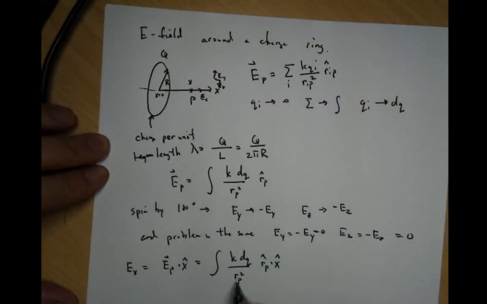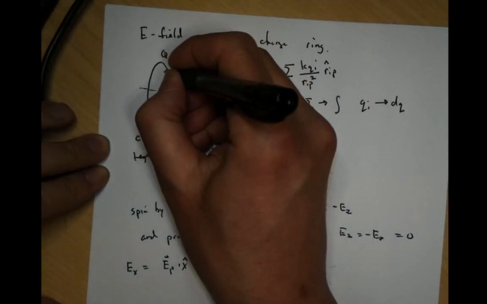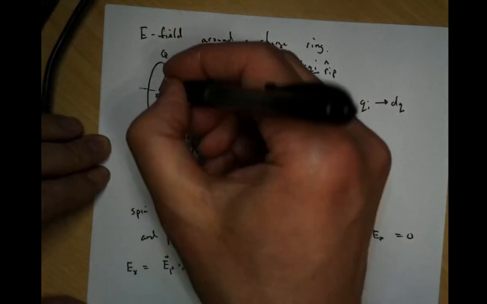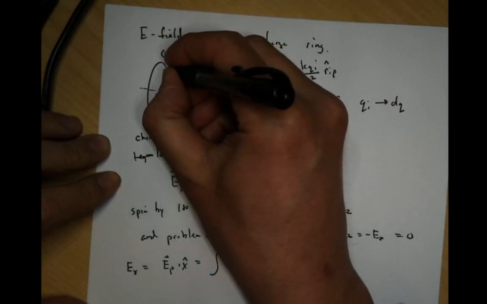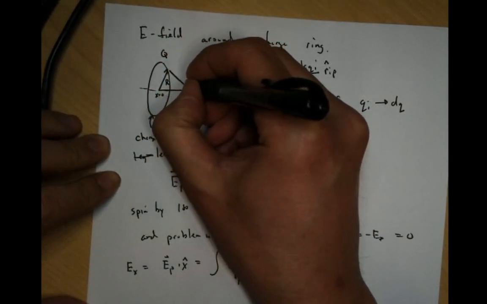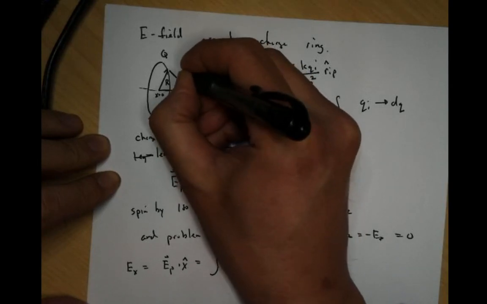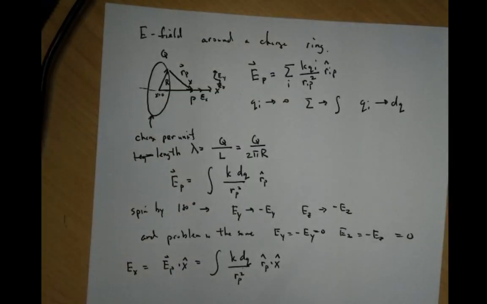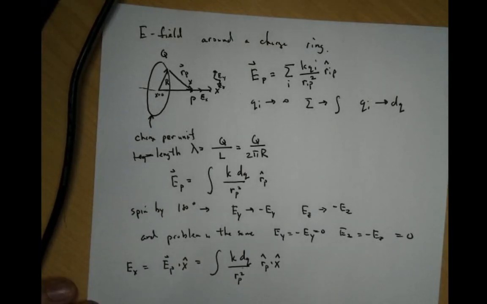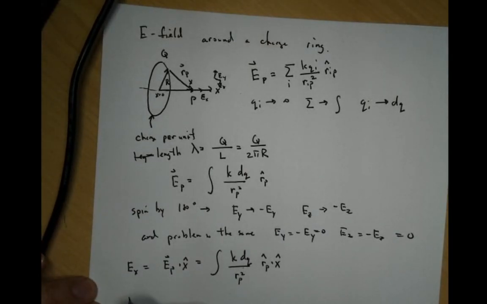Let's write down what r_P is going to be. For every infinitesimal charge up here, I'm going to have a direction that links that charge to the position P. So this is going to be the r_P vector, right? The r_P vector dotted with x hat, what's that going to be equal to?